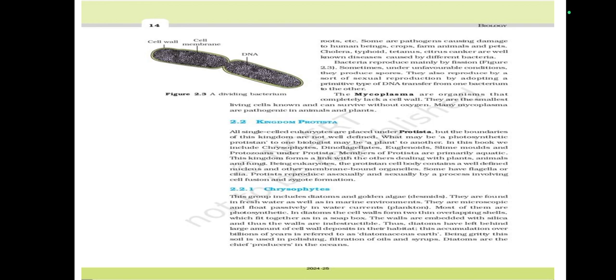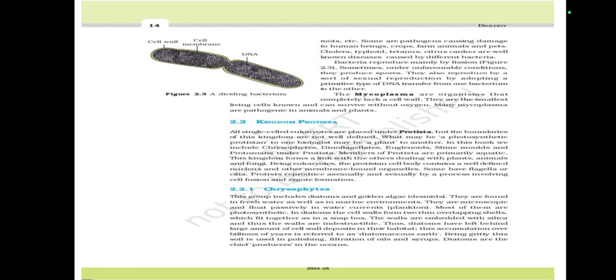And the mycoplasma are organisms that completely lack a cell wall. They are the smallest living cells known and can survive without oxygen. Many mycoplasma are pathogenic in animals and plants.